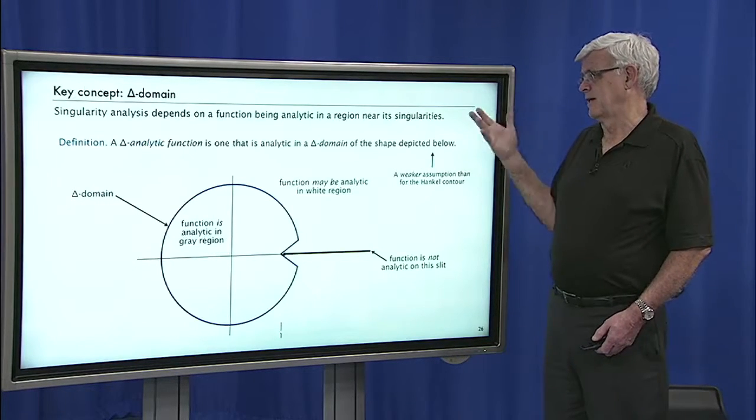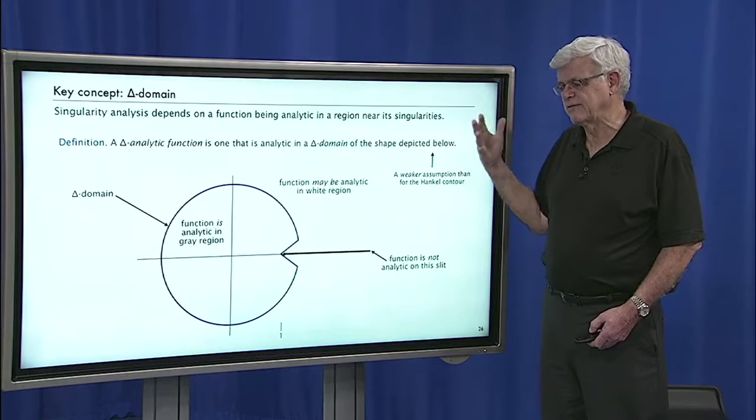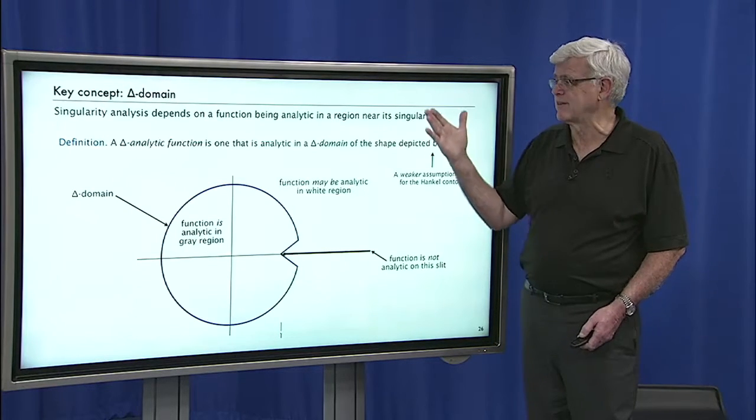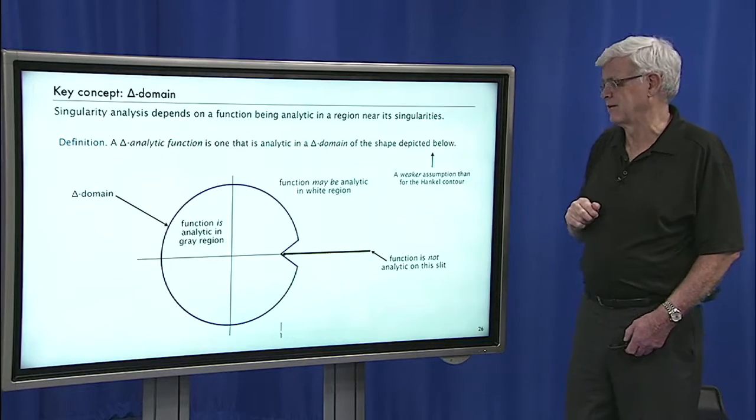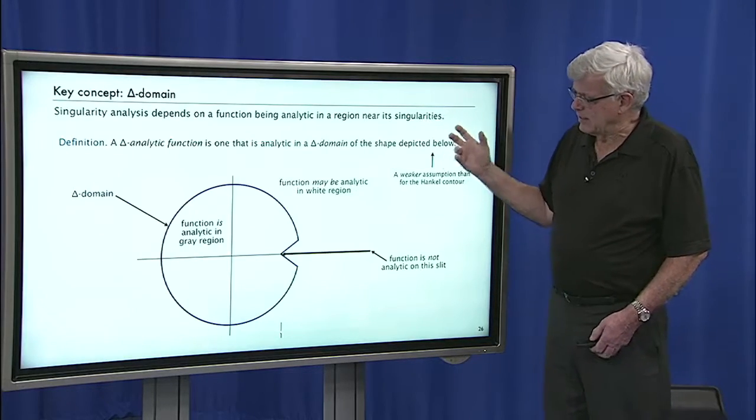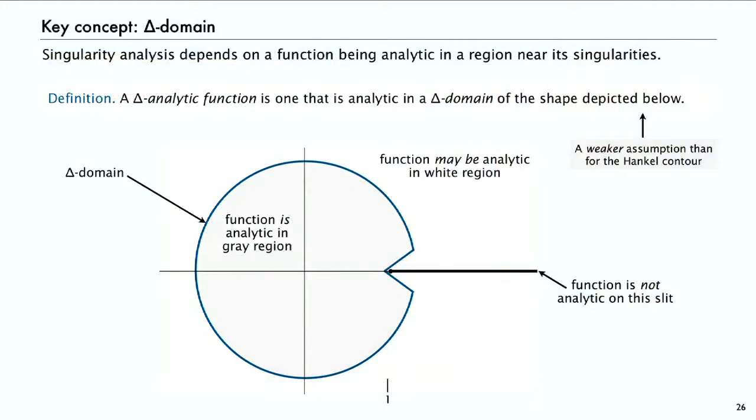So the whole idea of singularity analysis depends on the function being analytic in a region near its singularities. So again, for square root and log, we're usually talking about a slit, and then the key idea is a thing called a delta domain, and they call it a delta-analytic function.